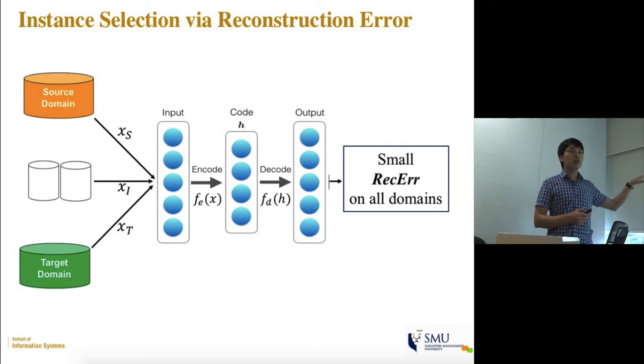And then that autoencoder also returns small reconstruction error for all instances, if the capacity of the autoencoder is big enough for both target and source domain. However, we don't have enough labeled data in the target domain, so I don't think it could be sufficient or capable of working for both source and intermediate domain data.